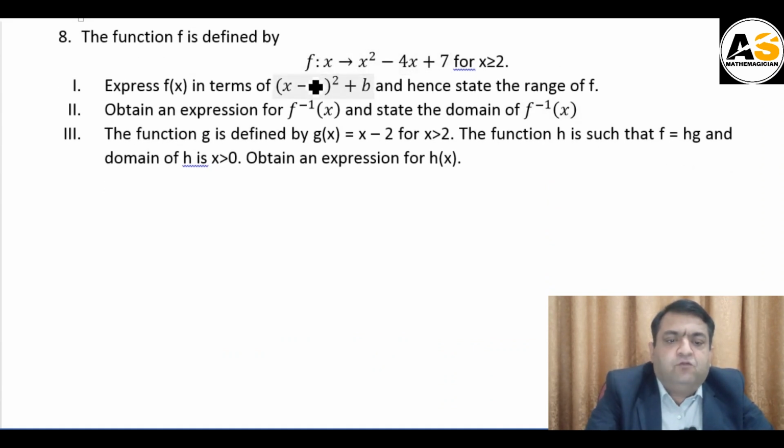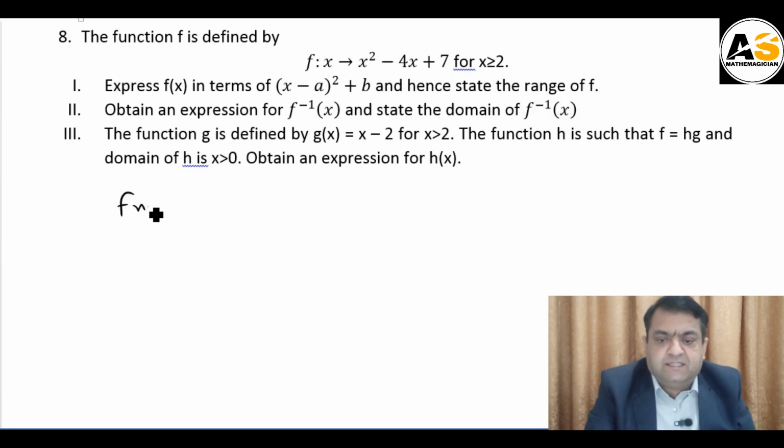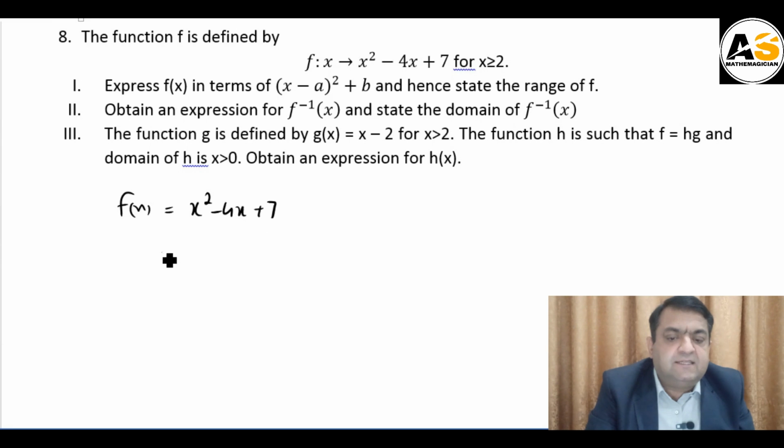Again, we are given a quadratic function, x is greater than or equal to 2. We have to write it in its standard form and hence state the range of this. f of x is equal to x square minus 4x plus 7. I am completing the square.